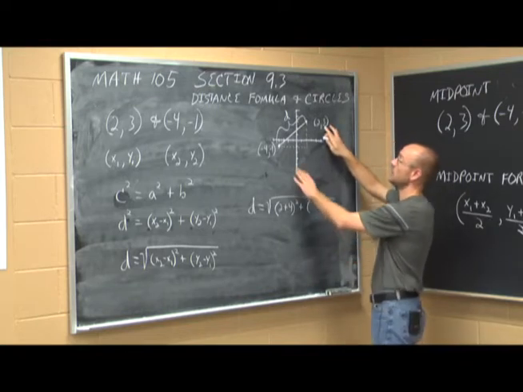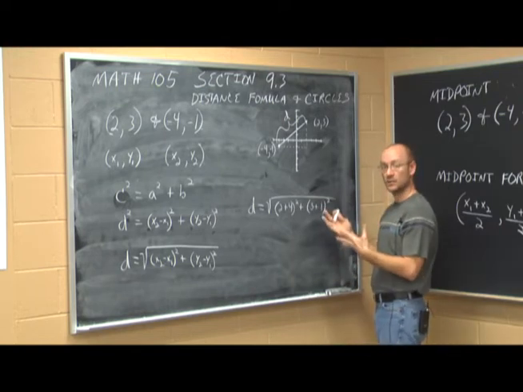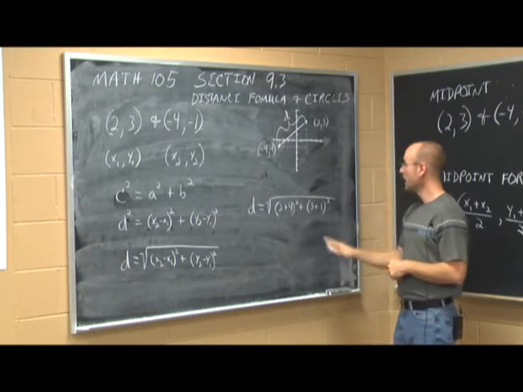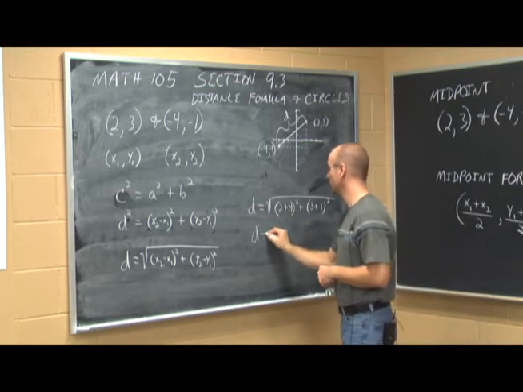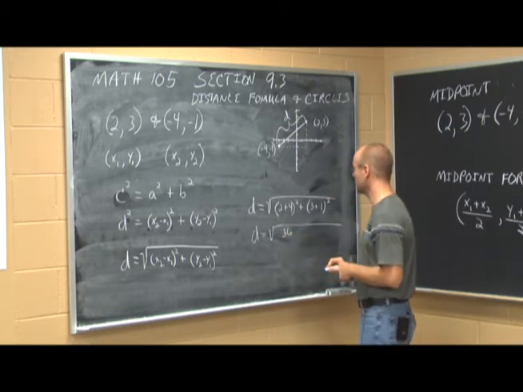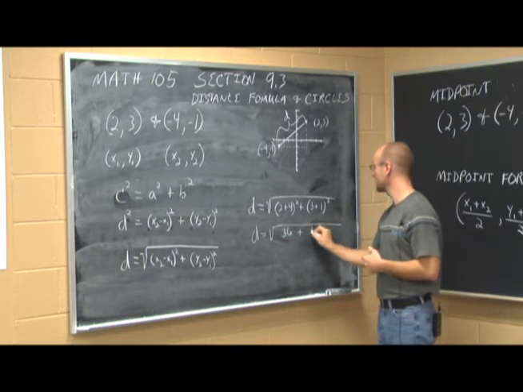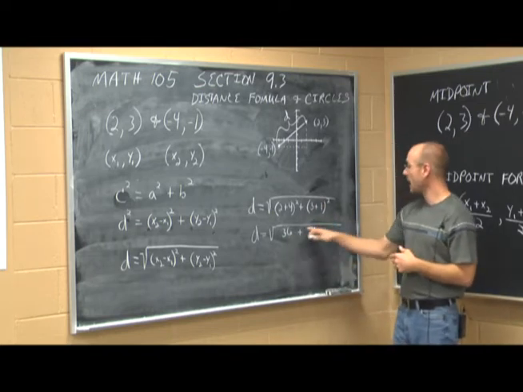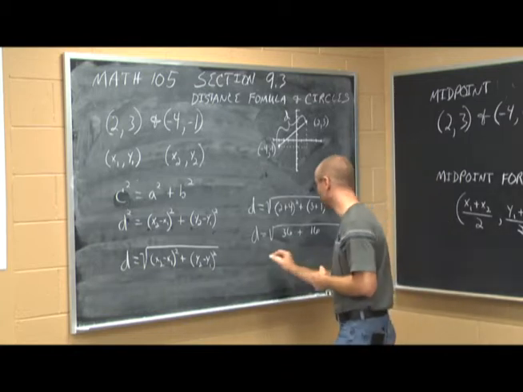I have 3 minus -1, which is 3 plus 1. If we simplify, 4 and 2 is 6. 6 squared is 36. 3 plus 1 is 4. 4 squared is 16. If I add these together, I get 52.